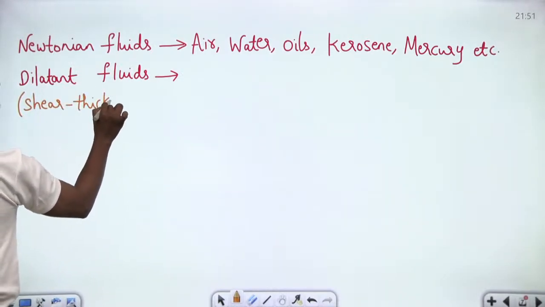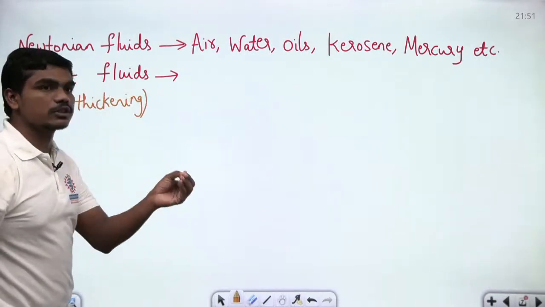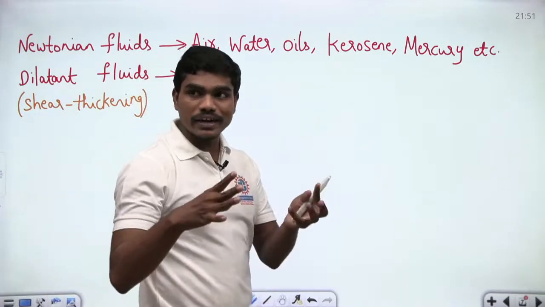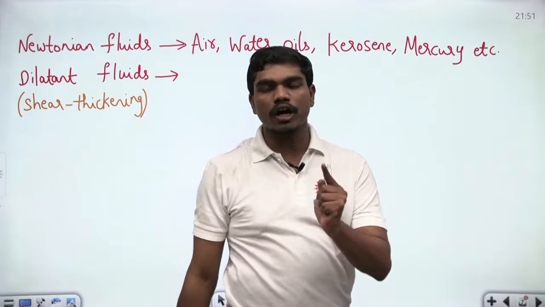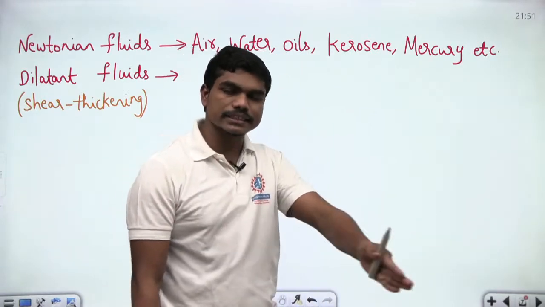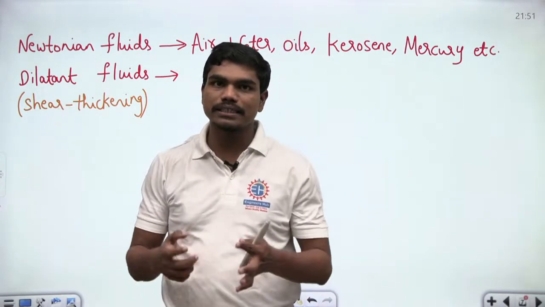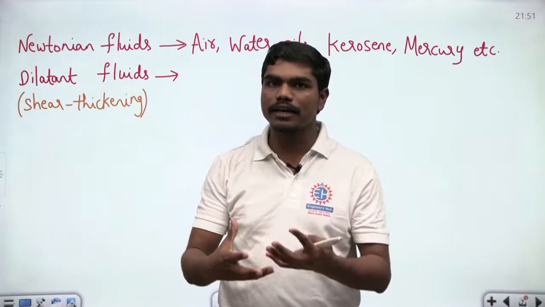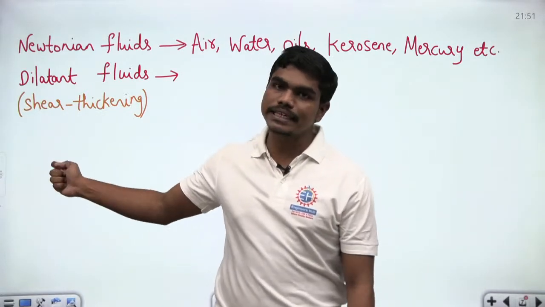Why are they called shear thickening? Because as you keep on increasing the shear strain rate, the apparent viscosity keeps on increasing, which means the fluid is getting more thickened. So that's why the name shear thickening fluids is given. If you are trying to increase the velocity gradient or the shear strain rate, then definitely your apparent viscosity keeps on increasing, which means the fluid is getting thicker.